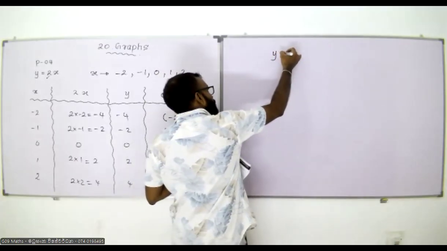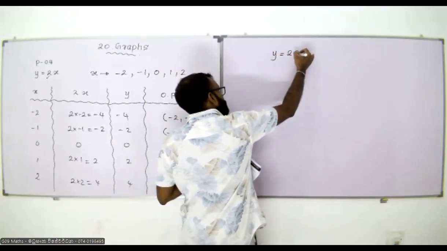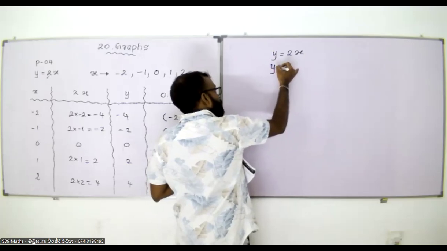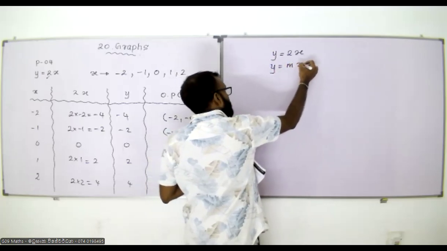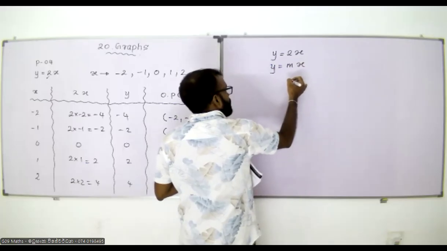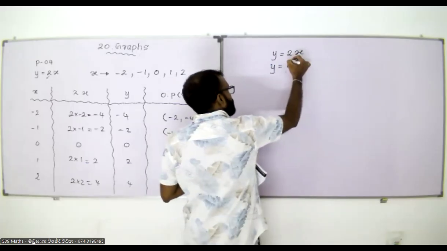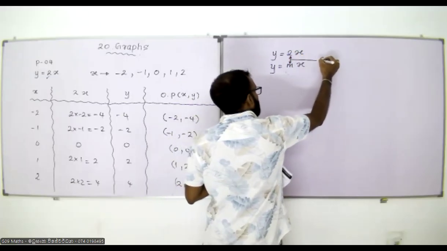Now you have the function y equals 2x. This is very similar to your y equals mx. As I told you earlier, this m is called the gradient, that means this 2 is the gradient of the graph.